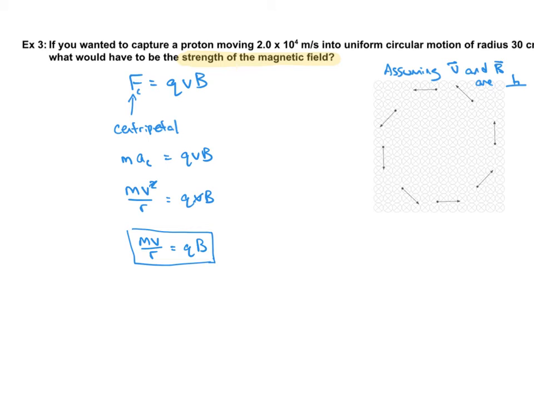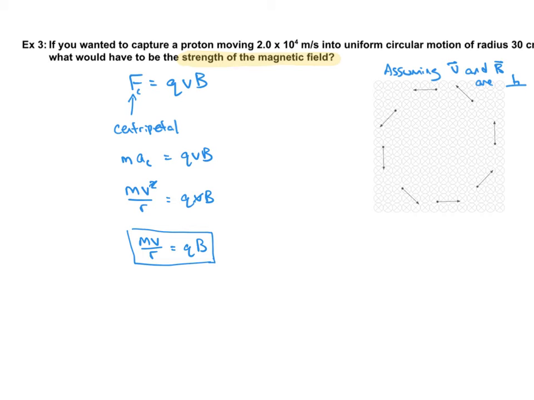So just a little bit of review on circular motion. We've done many examples with different types of forces providing the centripetal force. For a planet going around the sun or a moon going around the planet, the centripetal force is provided by gravity. When I was spinning that plate around with a rope, the centripetal force was provided by the rope, the tension.